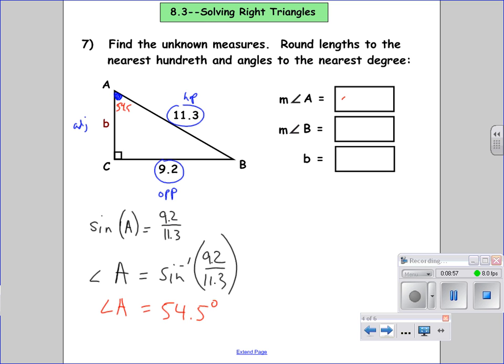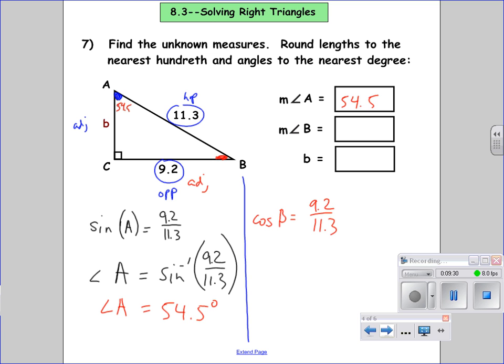Now angle B, we could subtract from 90, but for two reasons. Again, I have a rounded number, so that's possibly a little less accurate, and we also want the practice. So let's go ahead and do the same thing for angle B. Now this is the adjacent, and this is the hypotenuse. So the cosine of B equals the adjacent, 9.2, over the hypotenuse, 11.3.